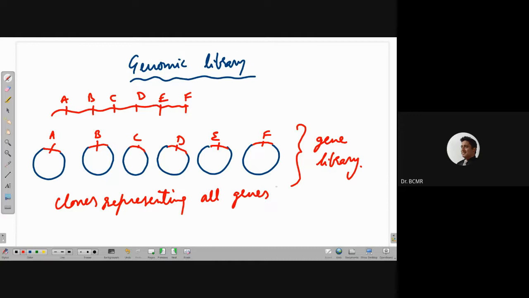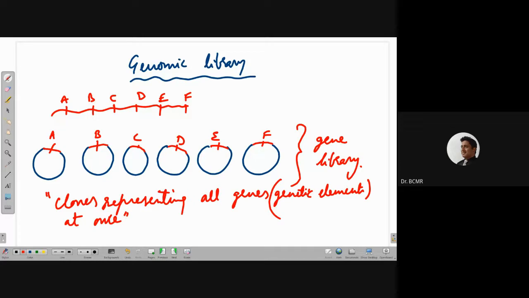Here I'm being partial and just talking about genes, but it covers all genetic elements, which would include genes, regulatory elements, intergenic spaces, and so on, at least once. That would have been the ideal genomic library, right?